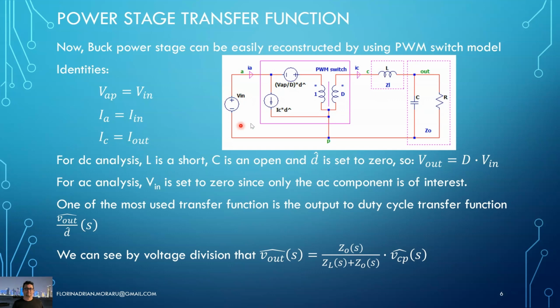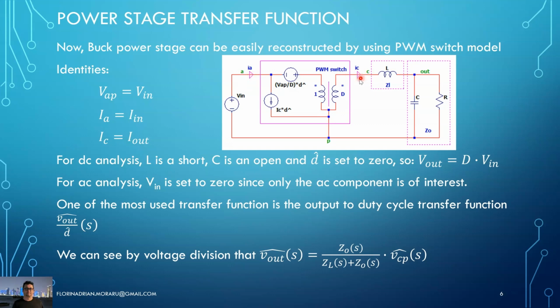And of course, here on the left side, we have the input voltage source. We can identify that the VAP voltage is actually the input voltage. The current in the A terminal is actually the average input current in our buck converter.